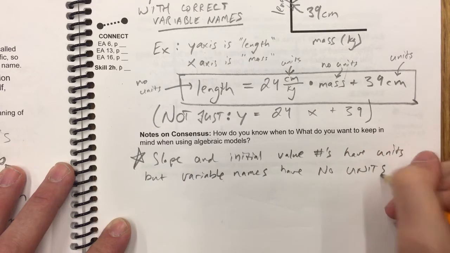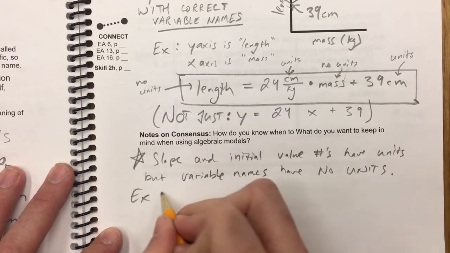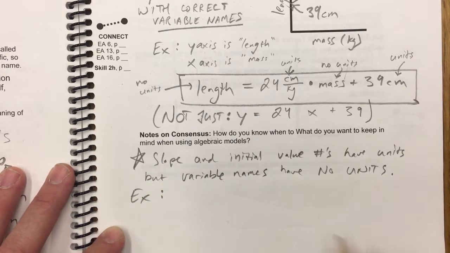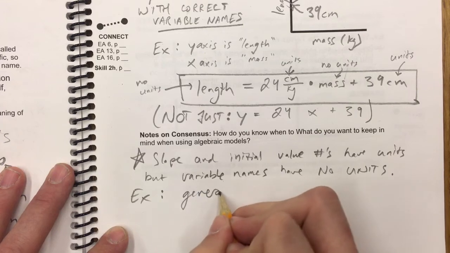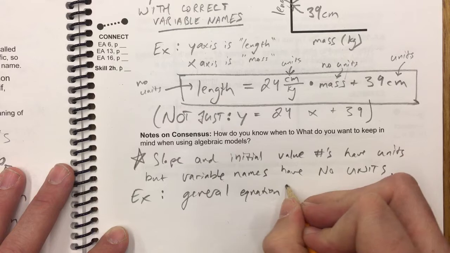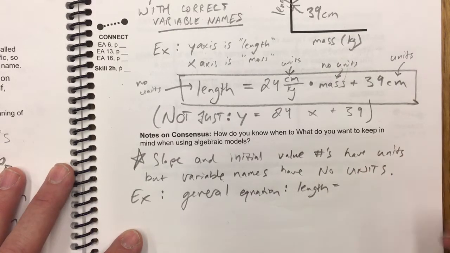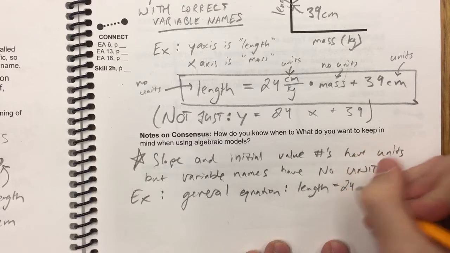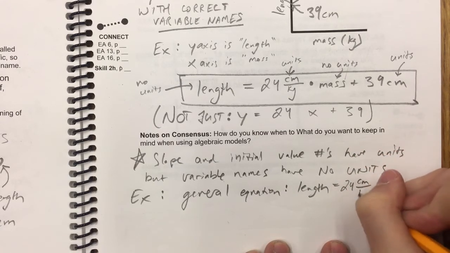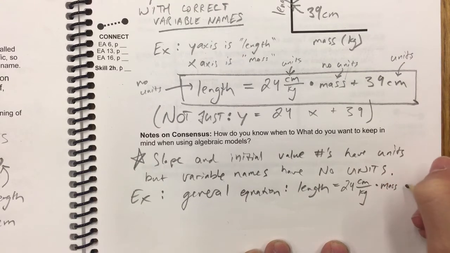For example, and we could call this our general equation. We start with length equals 24 centimeters per kilogram times mass plus 39 centimeters.